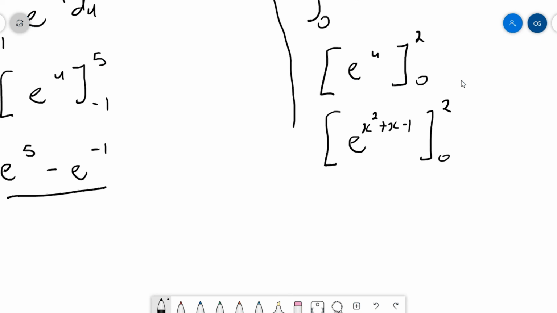When I evaluate this, again I will arrive at e to the fifth minus e to the negative 1, and this will give me exactly the same answer. So it doesn't matter which route I choose.